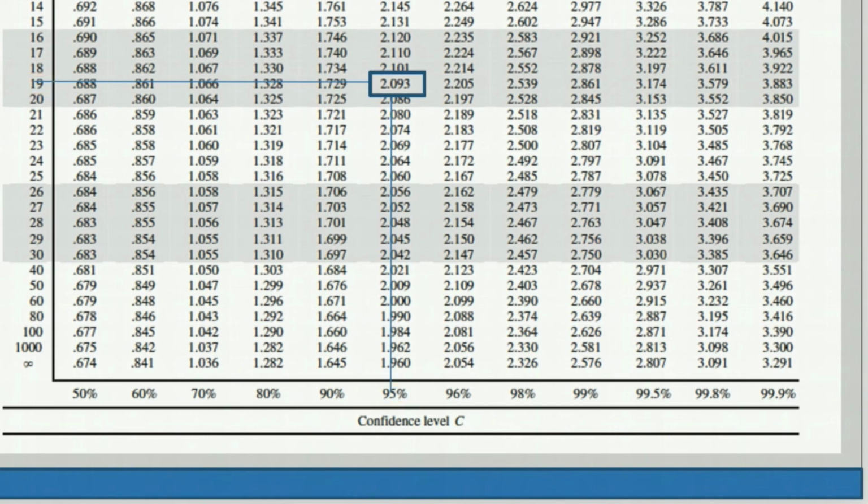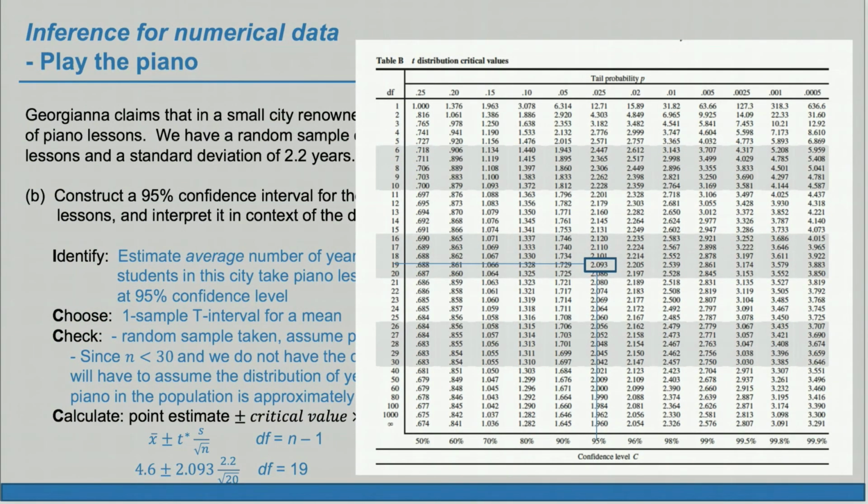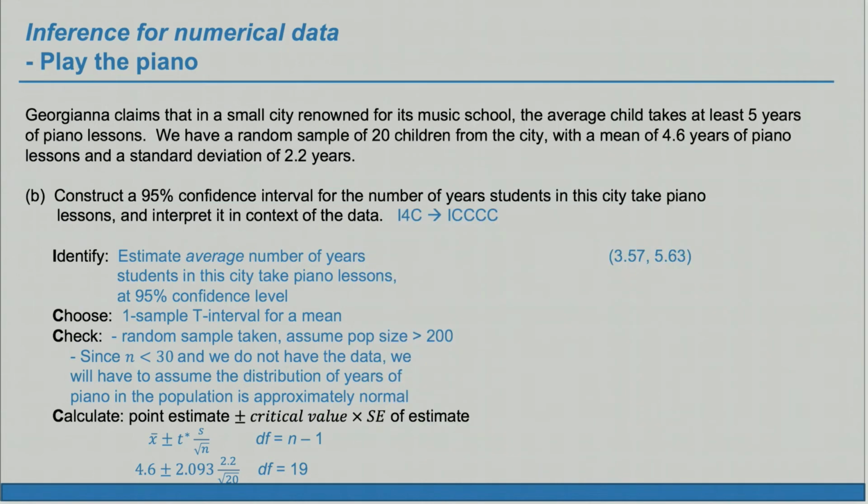And we'll see that that's 2.093 is the critical value. So with 19 degrees of freedom and 95% confidence, we're going to use a t star of 2.093. So we can plug that in, and now we have our confidence interval. And so we can evaluate that.